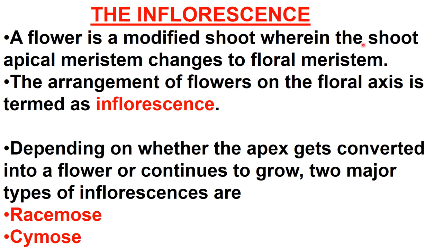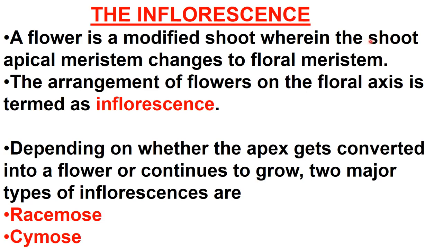So what happened first of all? After the vegetative phase, when the flower arises, first of all the shoot apical meristem, the apical part of the shoot, has the meristematic cells, means cells which can divide actively, right? So that part of the shoot having those meristematic cells is called shoot apical meristem, right?